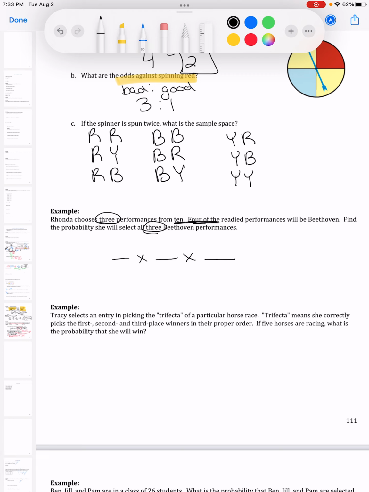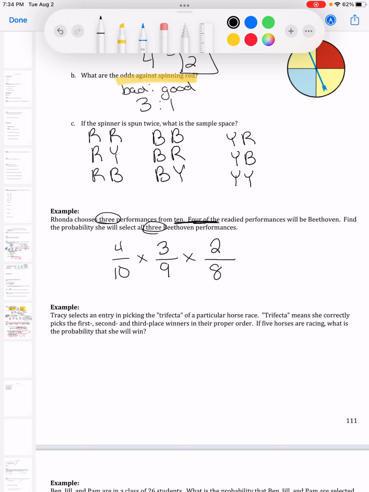There are 10 total pieces, and 4 of them are Beethoven. So the probability that the first song I choose is Beethoven is 4/10. Once I pick a song, I'm not going to play it again, so there would only be 3 Beethovens and 9 total left. Again, I'm not going to play that same song again, so now there are only 2 Beethovens and 8 total. So we've got that decreasing by 1. We're going to see that decreasing by 1 pattern quite a bit.